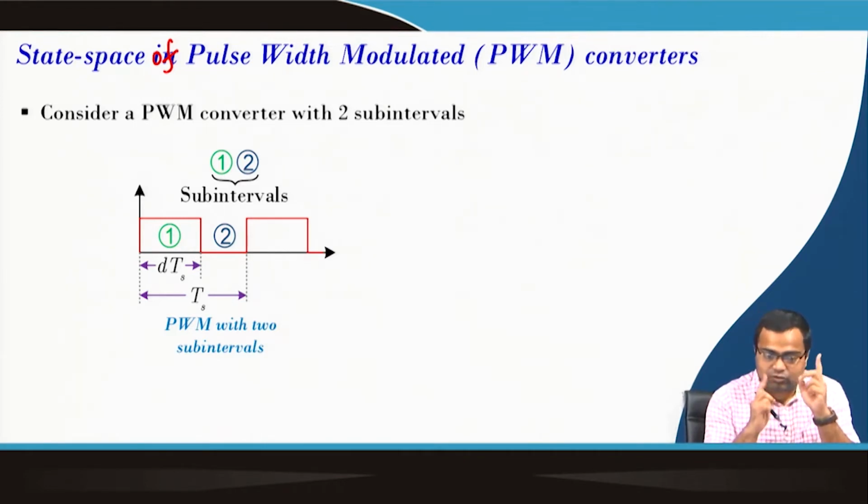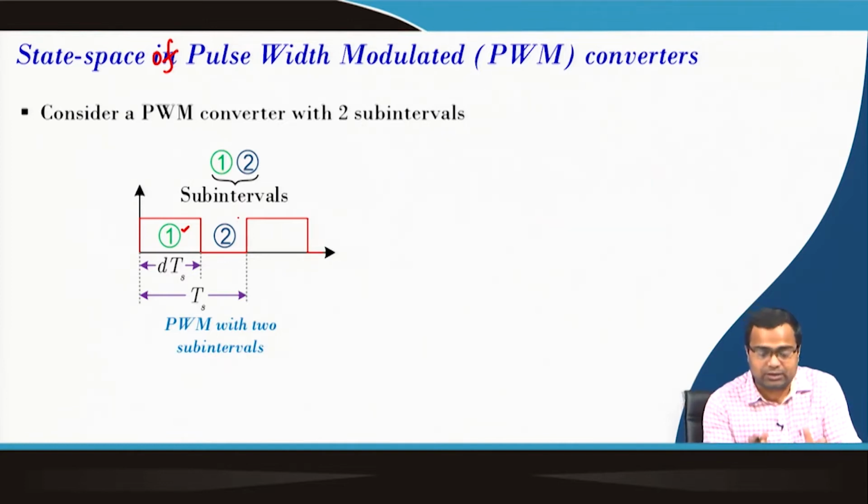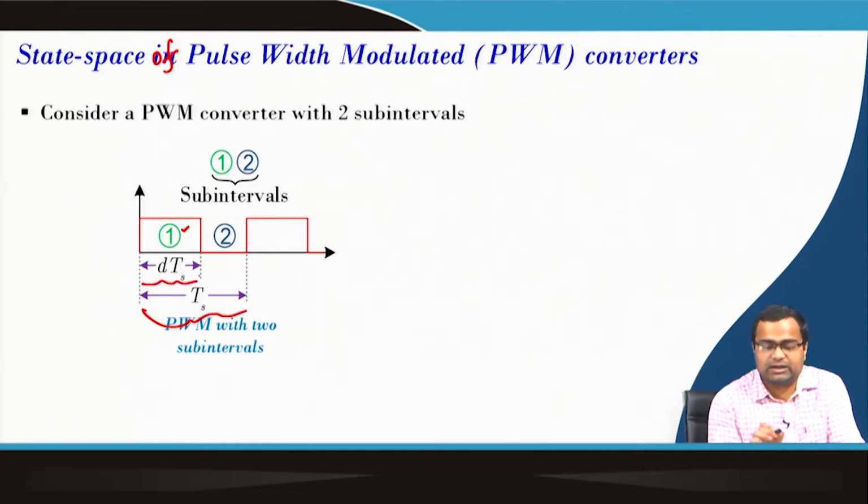If there is only one controllable switch, then we get one state when the switch is on, which is state 1, and when the switch is off, state 2. And we are talking about pulse width modulation, where the total time period is constant and the on time is nothing but d into Ts.